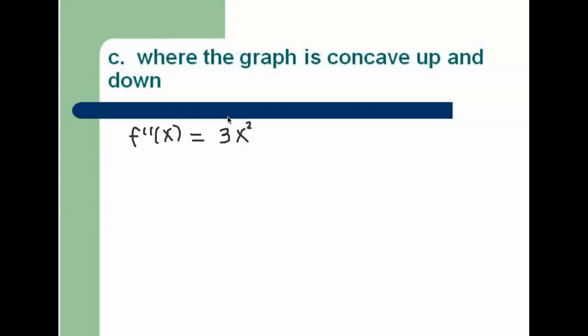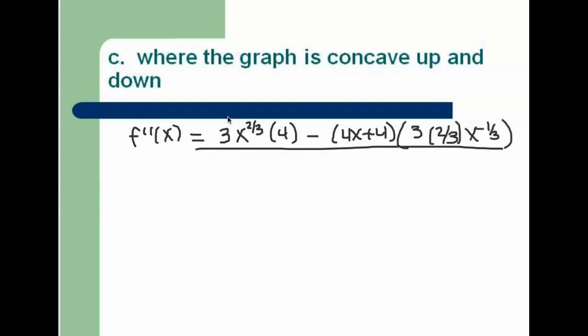So it's 3x to the 2/3 times 4 minus 4x plus 4, because I distributed that 4/3 back in to make it easier, times 2/3 x to the negative 1/3, all over 3x to the 2/3 squared. And that simplifies and reduces to 4x minus 8 all over 9x to the 5/3, after you clean everything up.